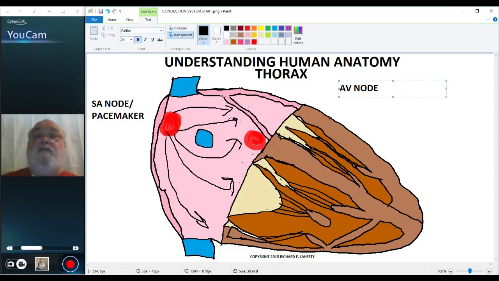And the AV node is in the wall of the atrium, right at the junction with the ventricle.